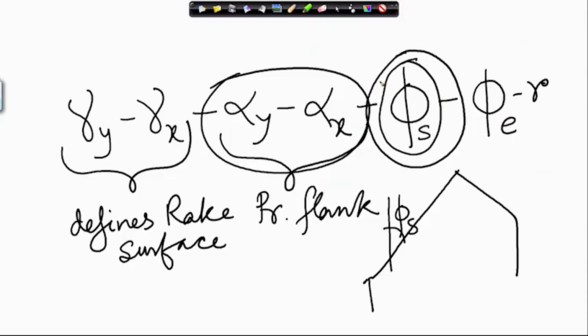You cannot assign a particular value to phi s just like that once you have defined these 4 angles. So, though in many literature the nomenclature of the ASA system is given this way, we are not going to follow it. We will accept that the ASA system uses these angles, but the nomenclature of the tool in the ASA system we will not adopt.